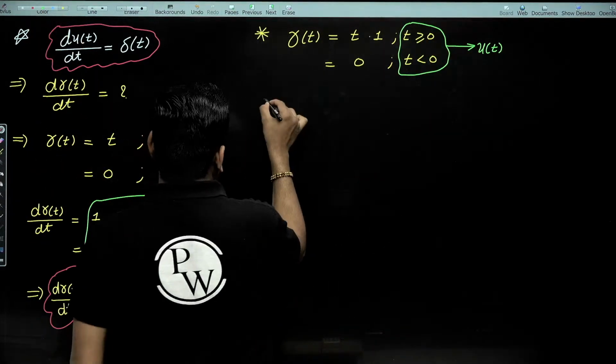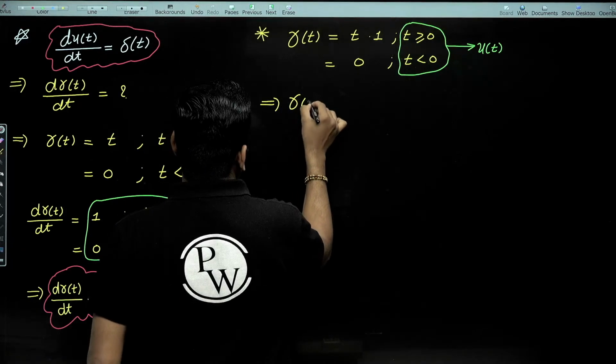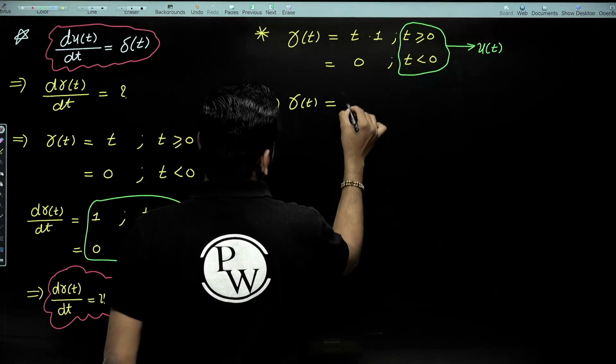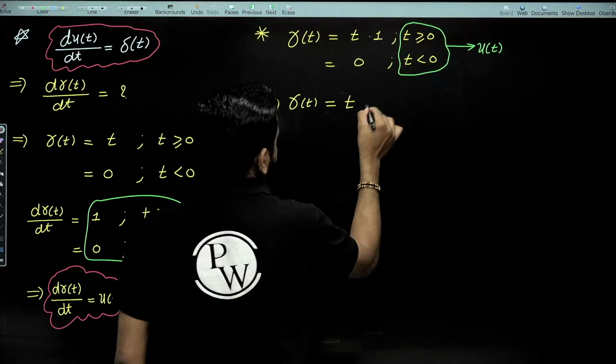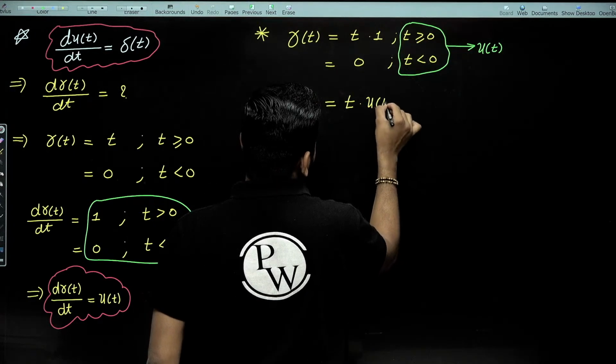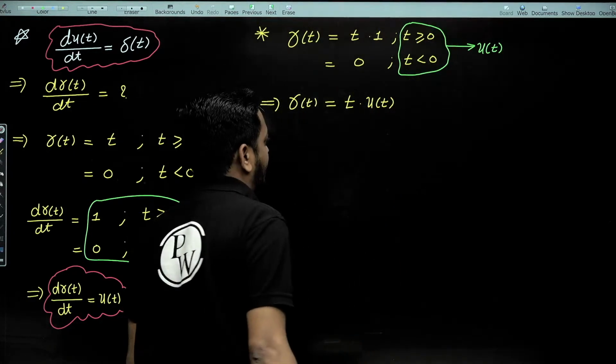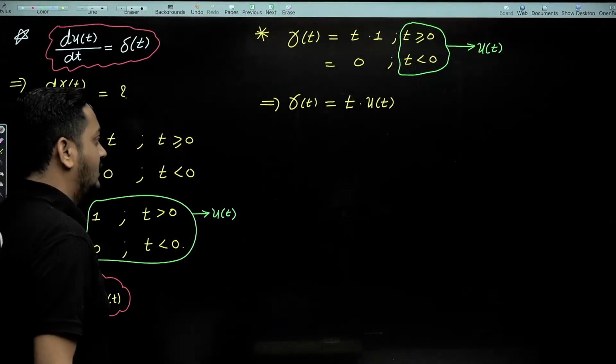So r of t is equal to t, and instead of 1 and this condition you can write u of t. So r of t is nothing but t into u of t, guys.